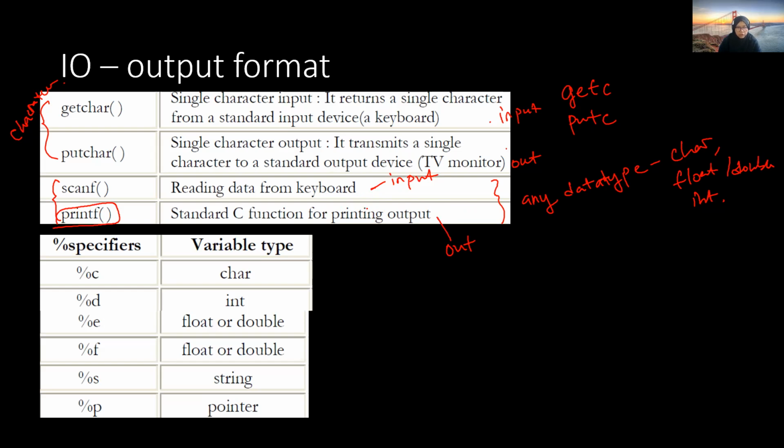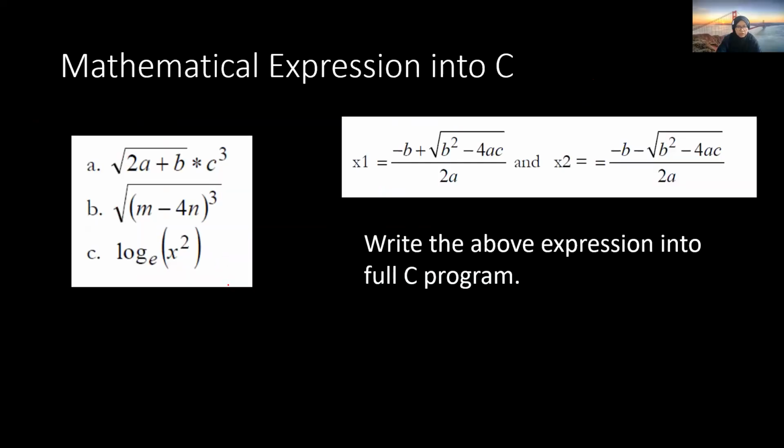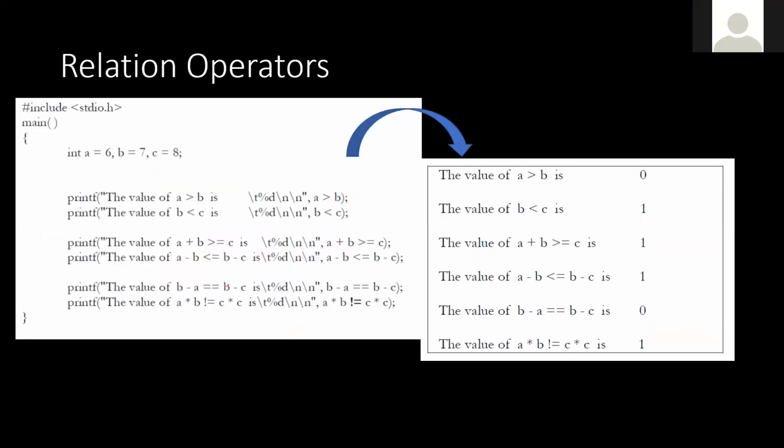I think I have also explained some of these specifiers. We have number 1, what we did before, the specifier D, that is for integer. If you look at the previous one, let me see. Okay, like here, we have this one, specifier D for integers. Why? Because the data type for all of these variables are integers.